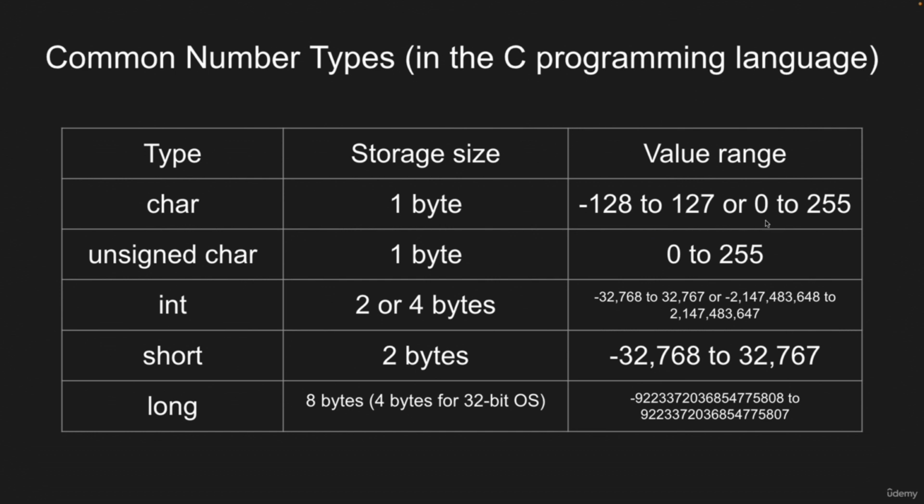It depends on the C programming language, but these value ranges just show that there's a maximum value that a number type can have.